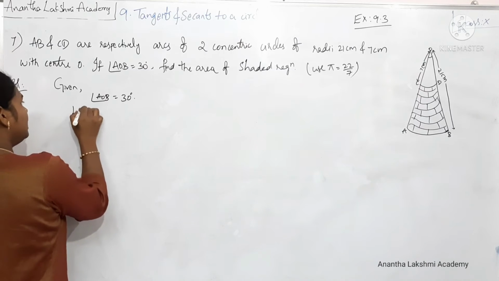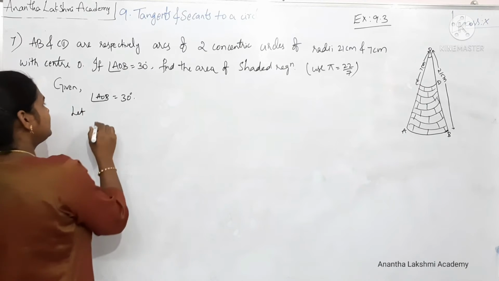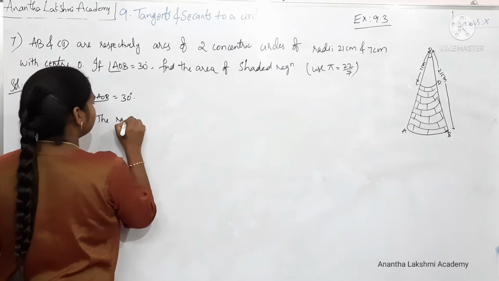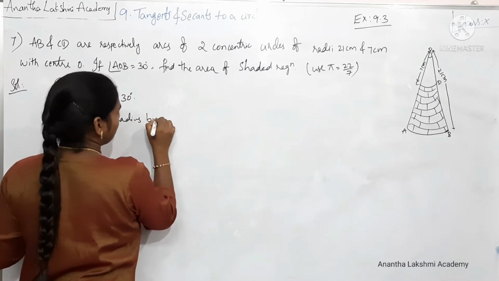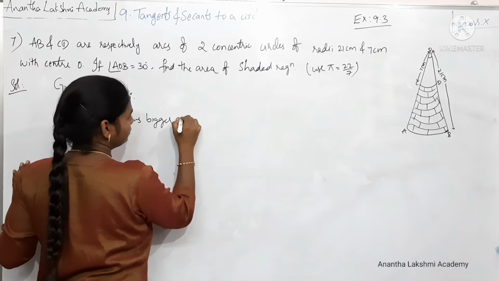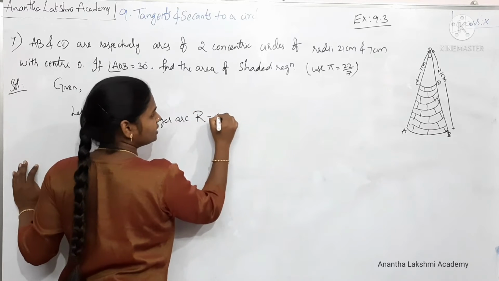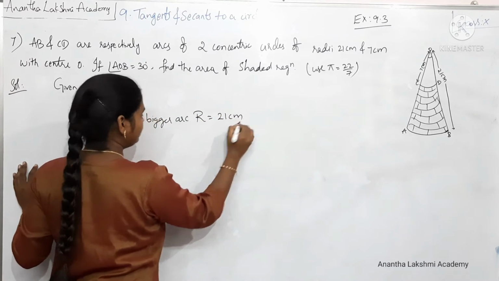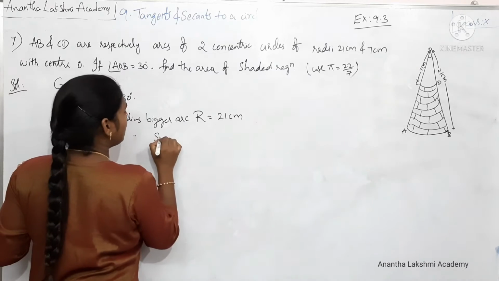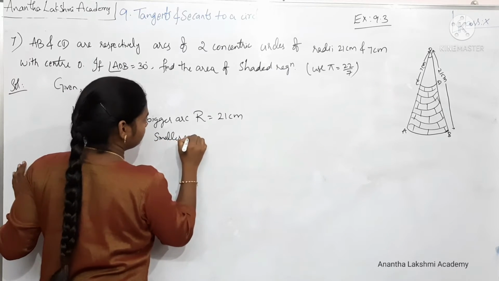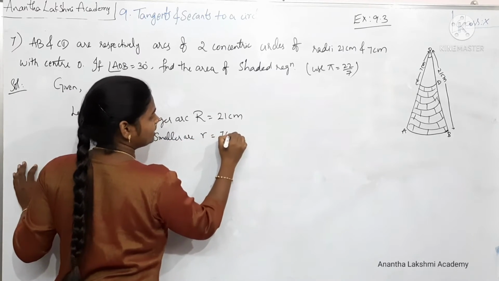Let the radius of the bigger arc, capital R, be equal to 21 centimeters and the radius of the smaller arc, small r, be equal to 7 centimeters.